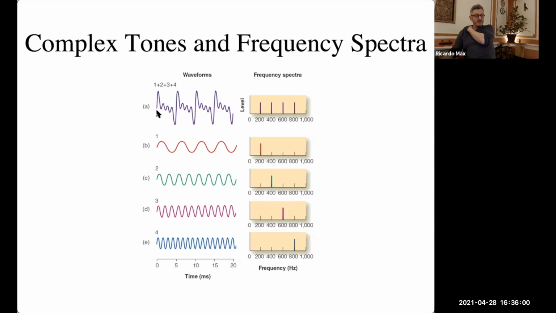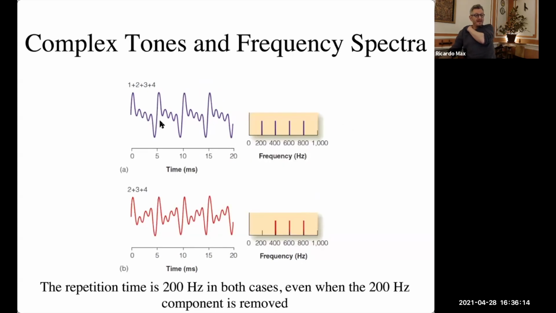We can see that this complex sound repeats itself just like the fundamental every 5 milliseconds, right? And even if we remove the 200 hertz sound within it, this is 2, 3, and 4, right?